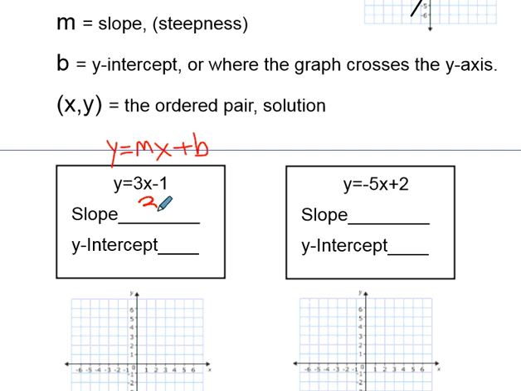It is in the proper form, y equals mx plus b. So you can see that the m, in this case, or the slope, is 3. That's always the coefficient of x. Then I look for the y-intercept. That's the b. So in this case, it would be -1.